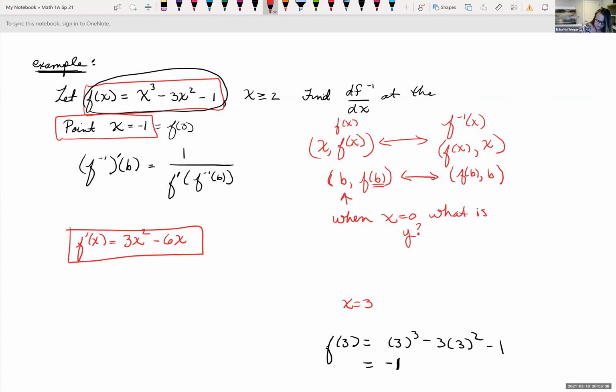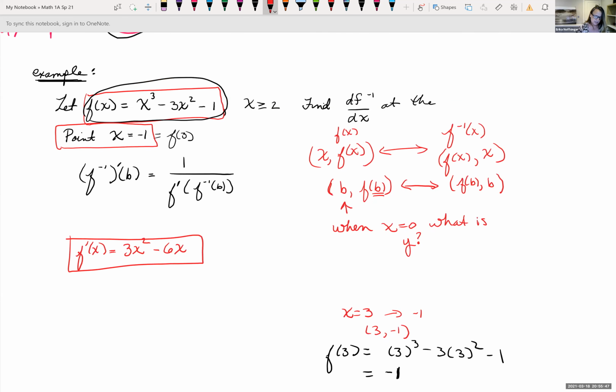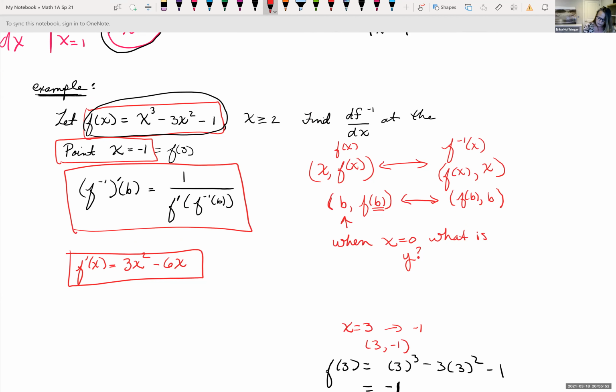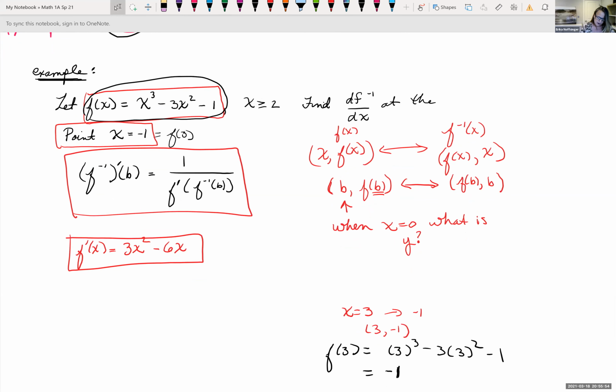Then our y value is -1. And so we have a point at (3, -1). The thing is, when we go back in here and we use this rule, notice I have to swap my x and my y values. And so I'm going to use in here -1, my y value. So when I was going through this, I kind of did it differently.